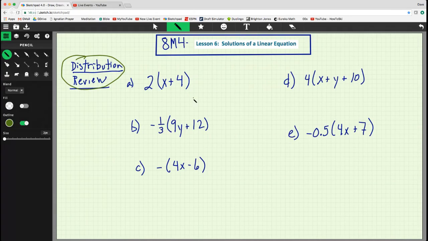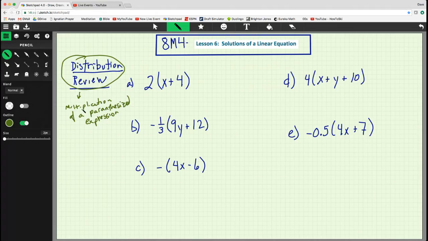So the first key to realize when we're doing distribution is any number on the outside, if it's multiplied by two or more terms on the inside of parentheses, then we use distribution. So we use it with multiplication on the outside of parentheses, a parenthesized expression.